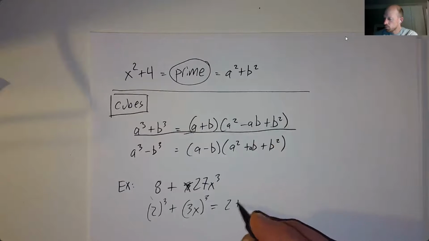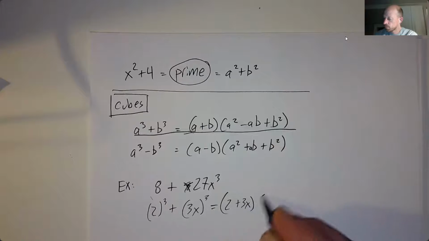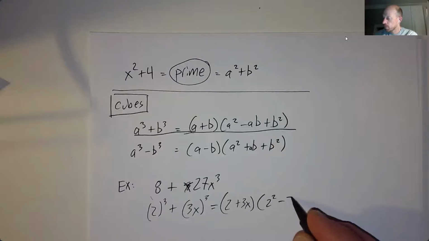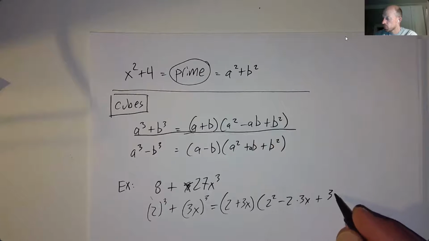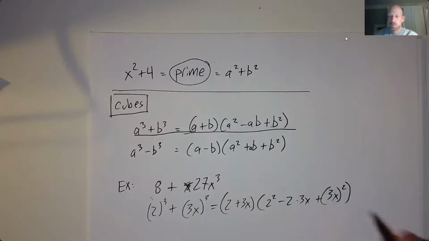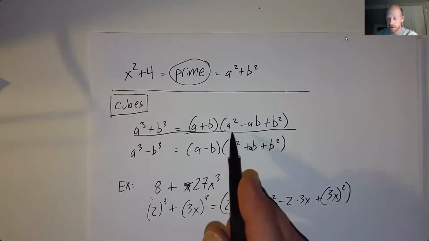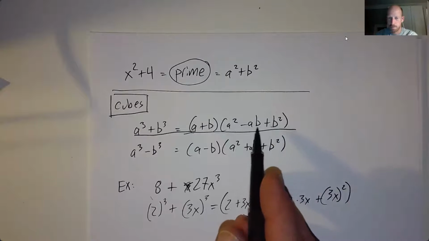So it's 2 plus 3x times 2 squared minus 2 times 3x plus 3x squared. You see, I'm just following the same pattern from up here.